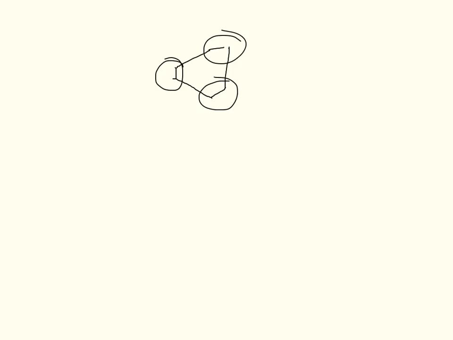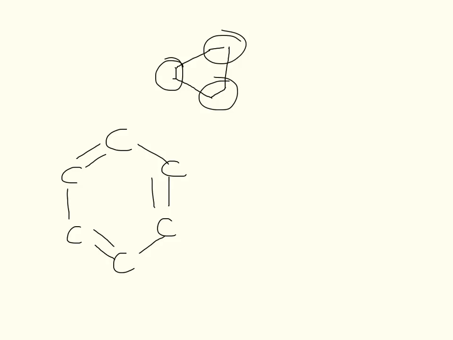So with a lot of experiments, they discovered that benzene is a structure which can be represented like this, or it can be represented like this.